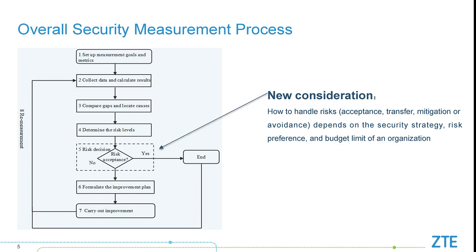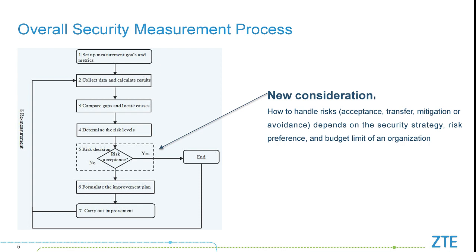First, we need to set up the measurement goals and metrics. Then we collect data and perform calculation. Then we compare gaps, determine the security levels, and make the decision on whether the risk can be acceptable. We can accept the risk due to several reasons.